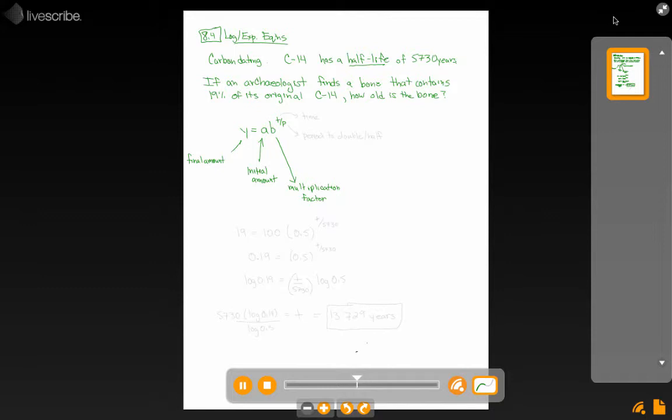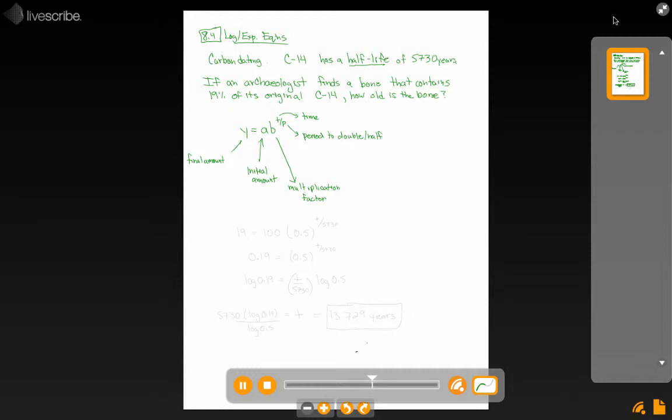Now, t is probably what you'd expect it to be, time, the time that this thing has spent decaying in this case. In some questions, how long it's spent growing. And p is the period it takes to either double or halve or whatever the multiplication factor is. So in this question, it's the half-life.